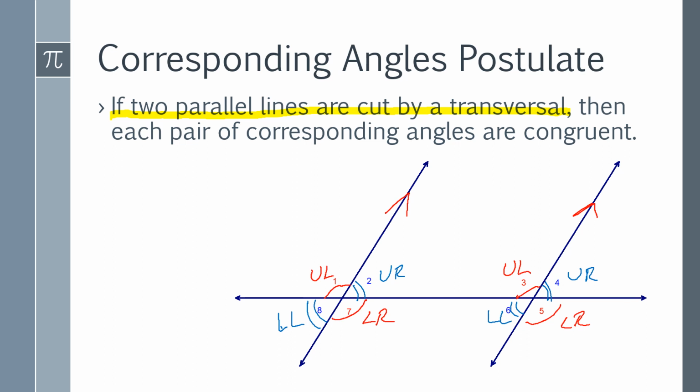So we only really need one pair of corresponding angles. The rest of this is done through supplemental, like linear pair and/or vertical angles, okay?